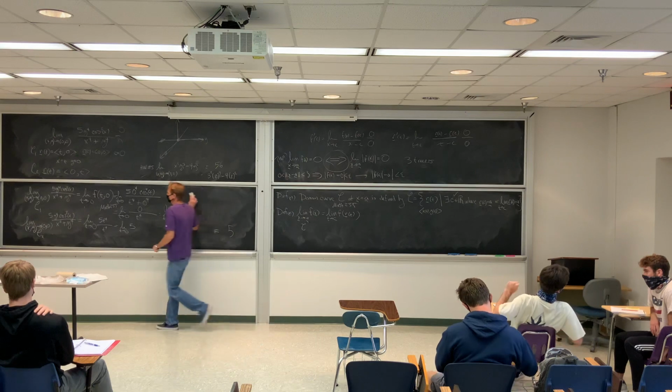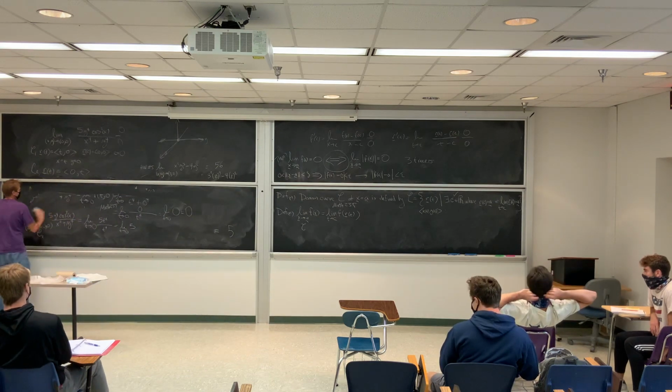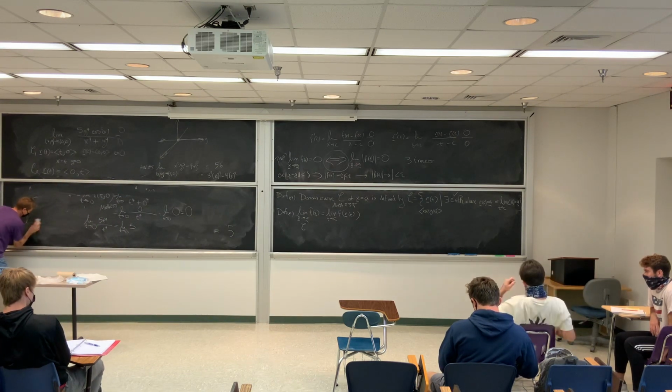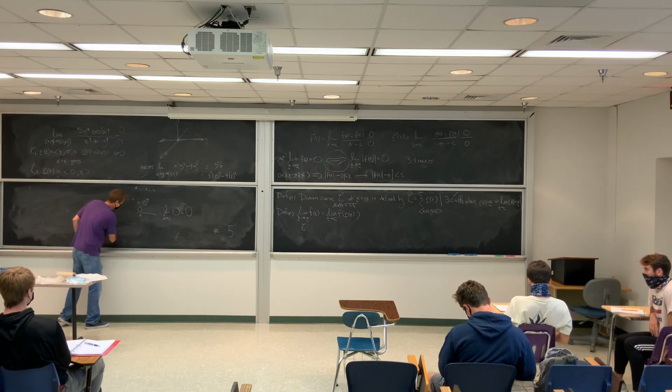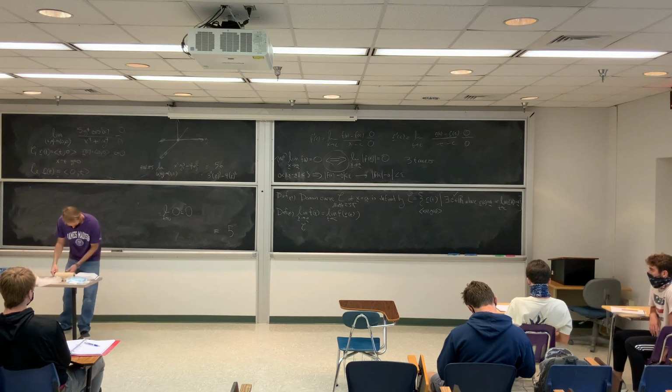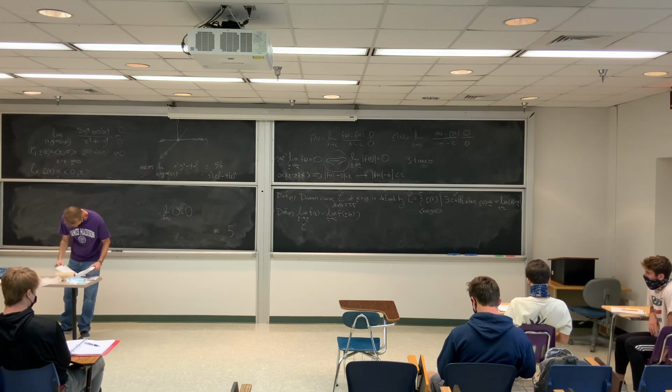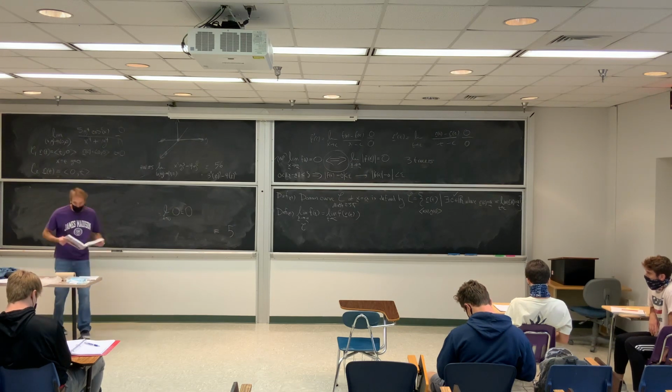Okay, this is one. It's one of your homework questions. I should probably tape some of the stuff I say. Okay, this is one, and I'm going to give you a hint.